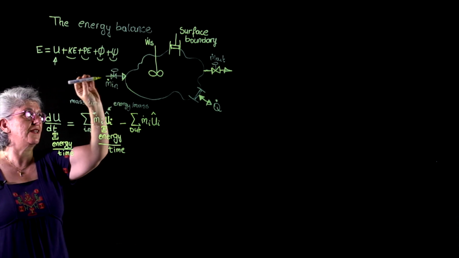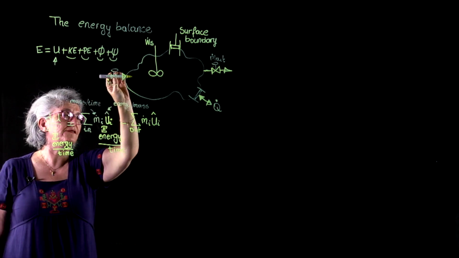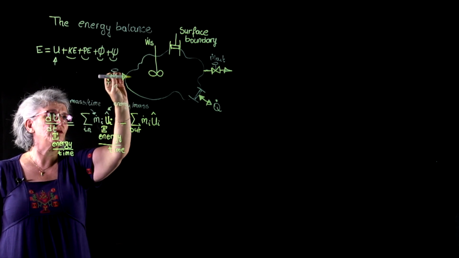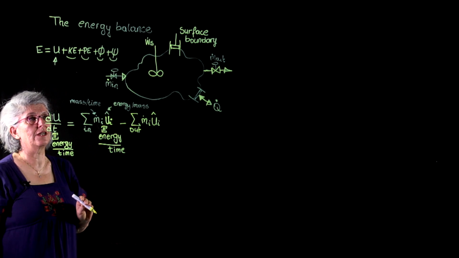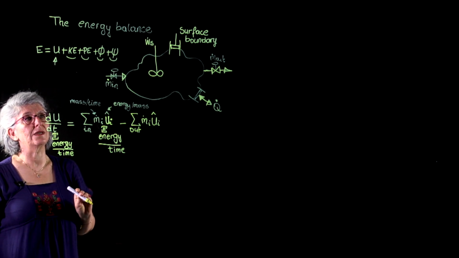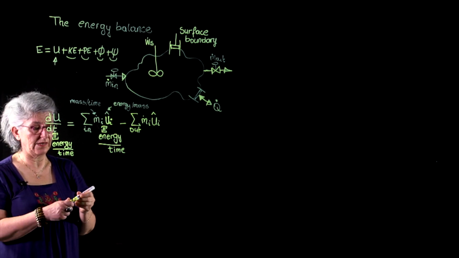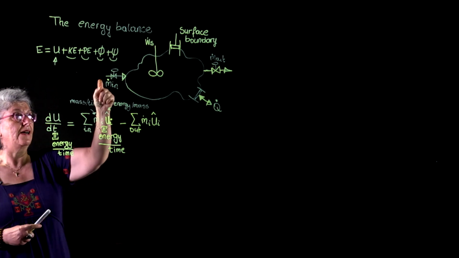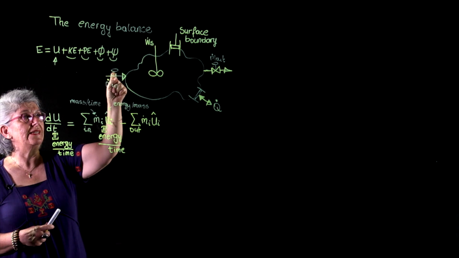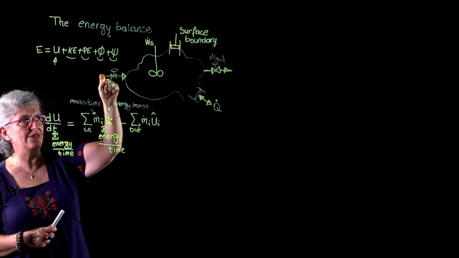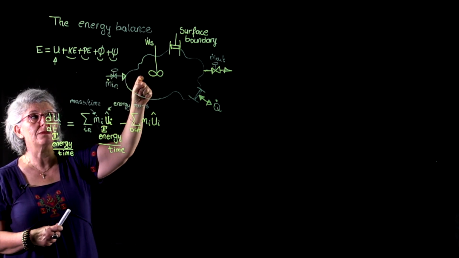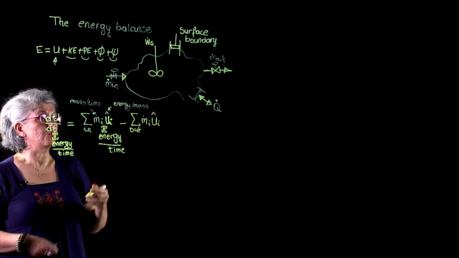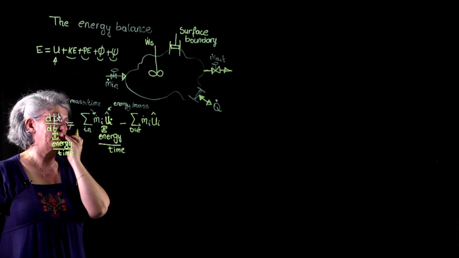The only way that this fluid element can force itself through the system boundaries is through the PV work. Unless this fluid element is at a greater pressure than the contents of the system boundary, the flow cannot go in. So I have to take that into consideration.